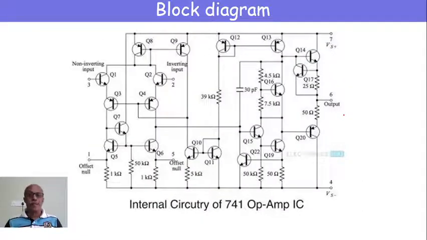Now, this diagram represents the internal circuit of the 741 op-amp IC.